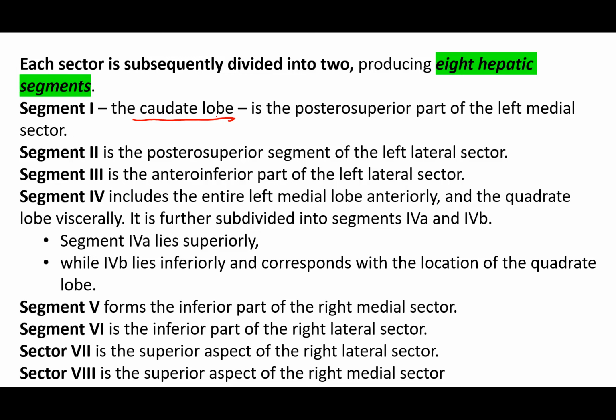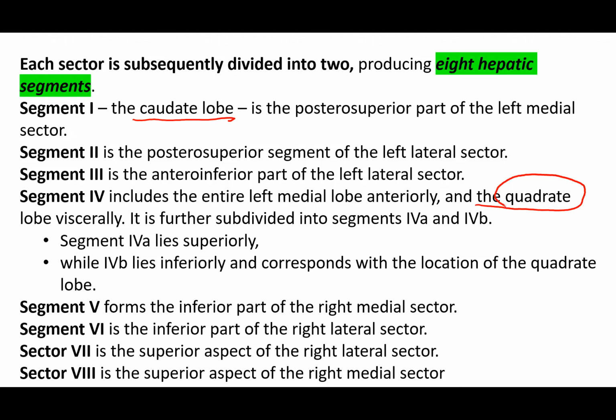Segment 3 is the anterior inferior part of the left lateral. So 2 and 3 are part of the what? Left lateral. While 4 is the medial that is further divided into A and B. 4 includes the entire left medial lobe anteriorly and the quadrate lobe viscerally.